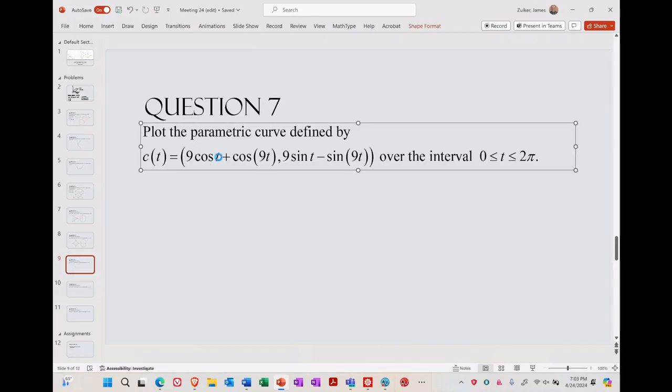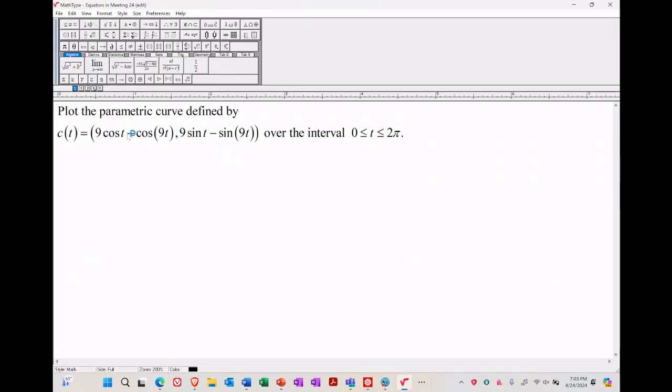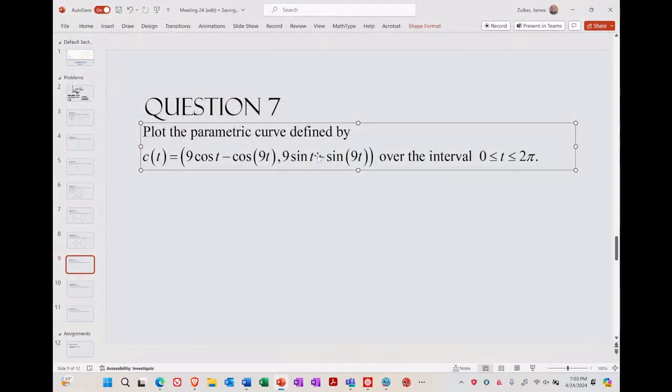So let's fix that. There we go. That should be a minus, not a plus.